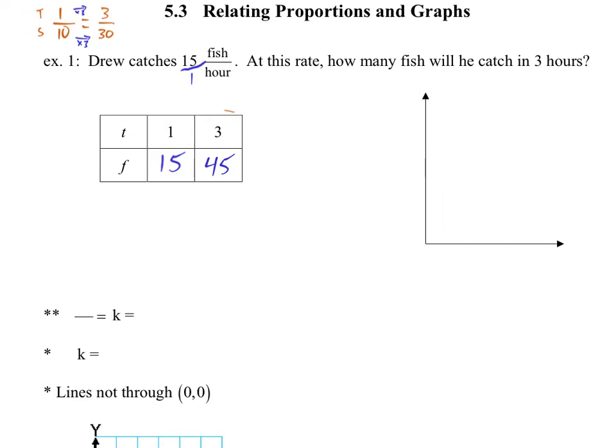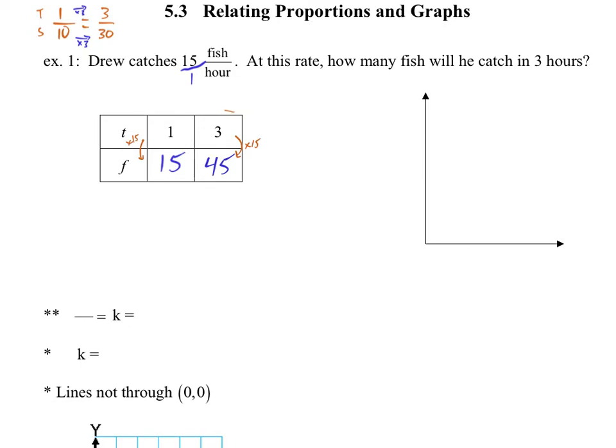Or the other way to get that result would be to say, I always take my time and I multiply it by 15. So 1 times 15 gets me 15, 3 times 15 gets me 45. So a couple different ways to fill the thing in. Good? But if we were to graph this, so I have a proportion. I have 1 over 15 equals 3 over 45.